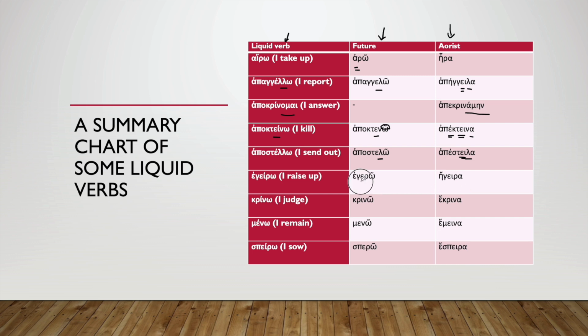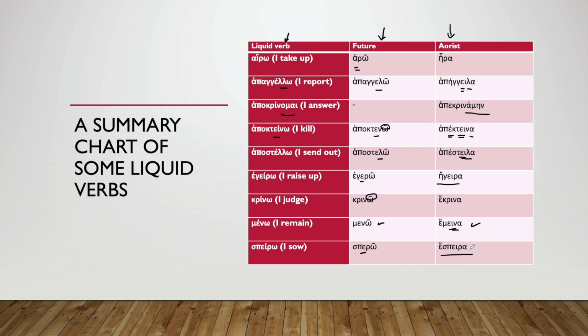ἐγείρω, we see the loss of the iota here, and again, no significant changes in the first aorist. κρίνω, again, no significant changes, again noting the future form with this circumflex accent. μένω is our kind of paradigm verb, and we've already gone through that, noting the lengthening of that stem vowel. And σπείρω, I sow. So again, the loss of the iota here for the future form, and no significant changes for the first aorist form.